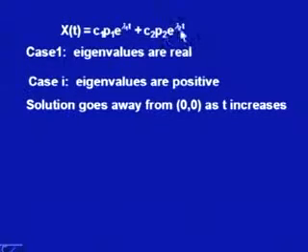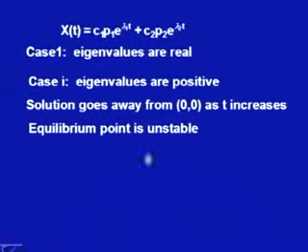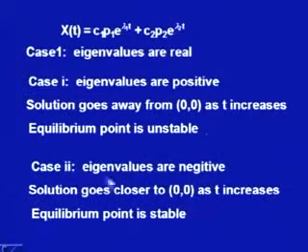When lambda 1 and lambda 2 are positive, this component will increase as time increases and will be going away and away from (0, 0), and in such a situation we say the equilibrium point (0, 0) is unstable. While in the second case, when the eigenvalues are negative, then this term as well as this term will become smaller and smaller as t increases.